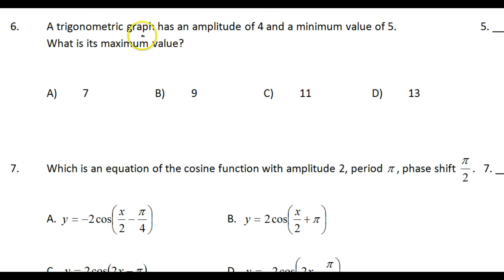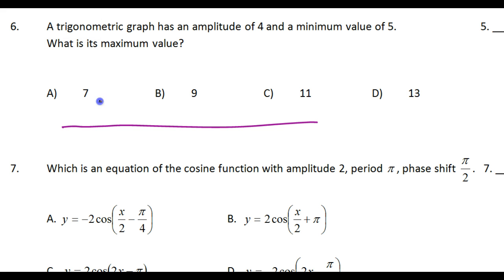A trigonometric graph has an amplitude of 4 and a minimum value of 5. What is the maximum value? Well, let's make a little sketch of a trig function like this. So we need something that has an amplitude of 4 and a minimum value of 5. So picture, let's say, here's the midline. This is not necessarily the x-axis, it's just some sort of a midline.